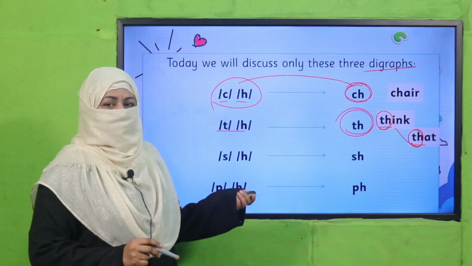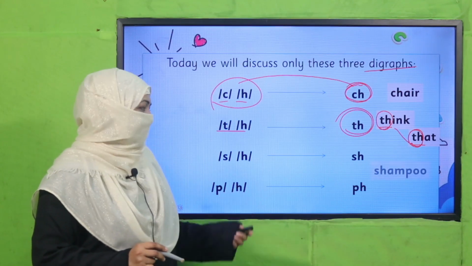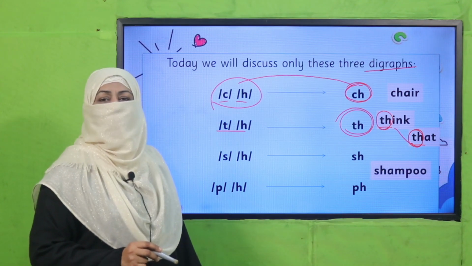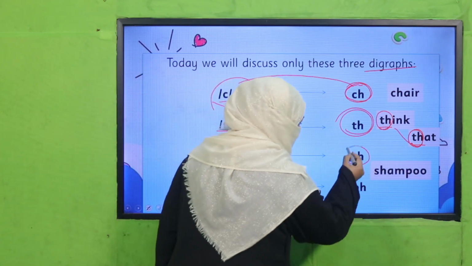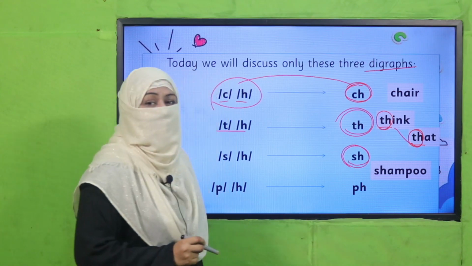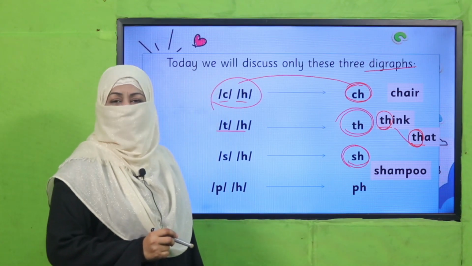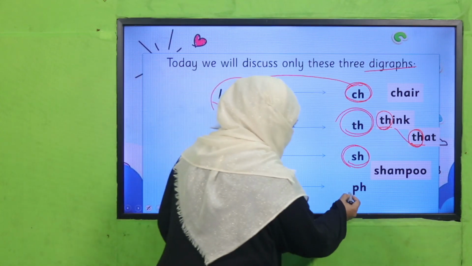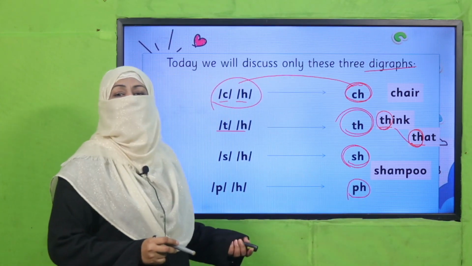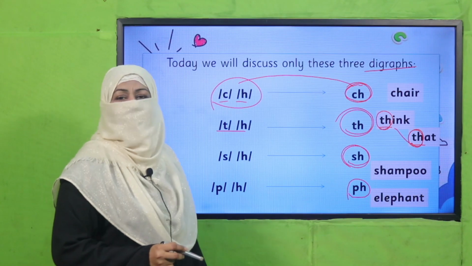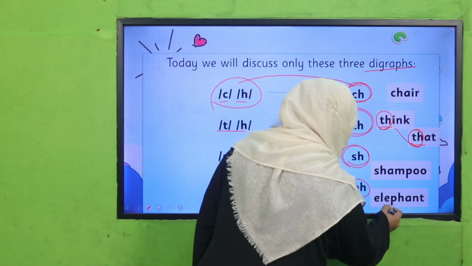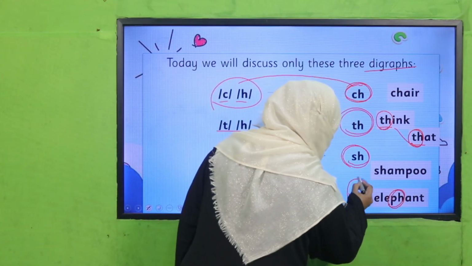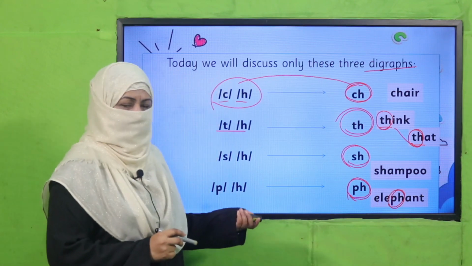SH gives a new sound, that's sh, as in shampoo, right? And PH gives you the sound of f, as in elephant, as in telephone. Okay, so beta, these are the sounds of these digraphs.